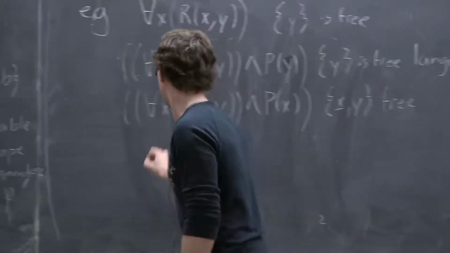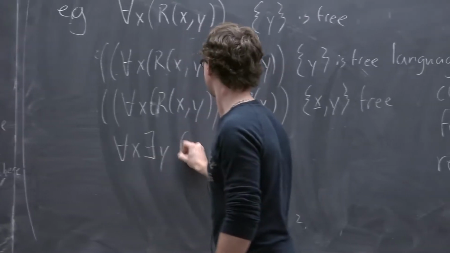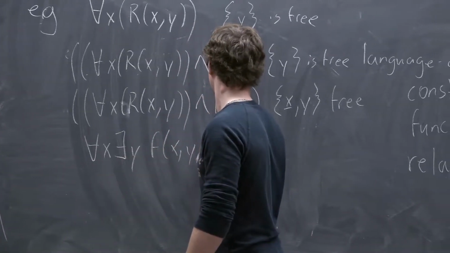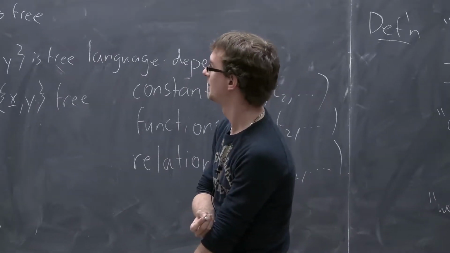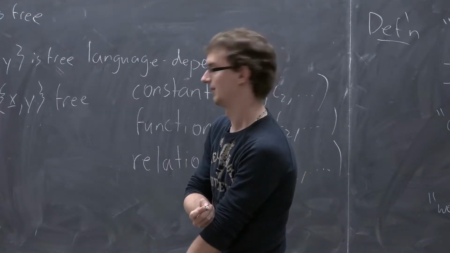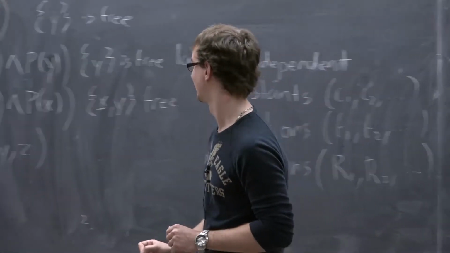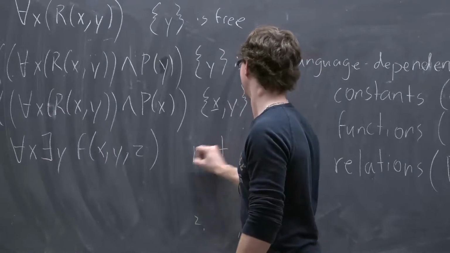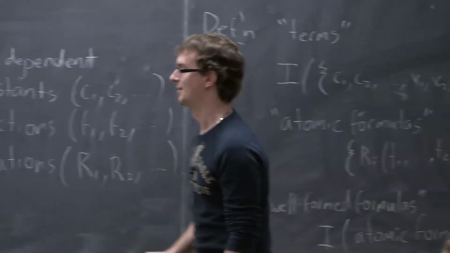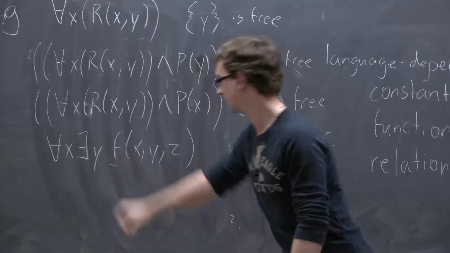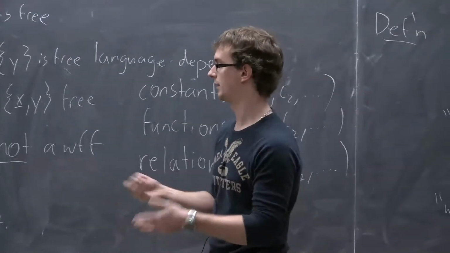And as one last example, say we have this. Now what are the free variables going to be? So this is actually a trick question because this is not a well-formed formula. Because f is one of our functions, so it maps our values onto another value somewhere in our domain.